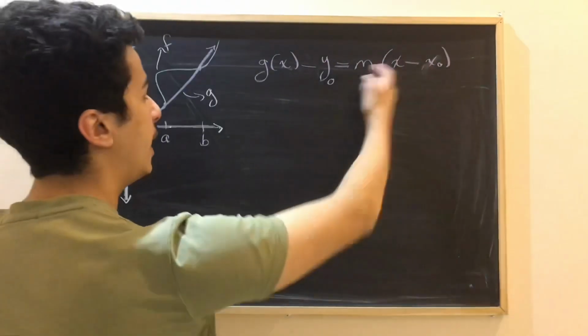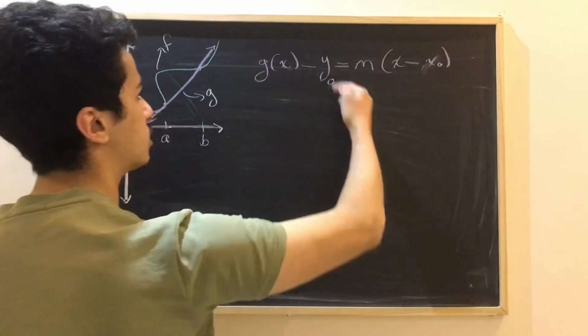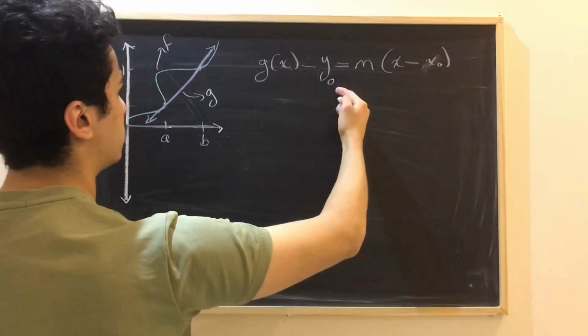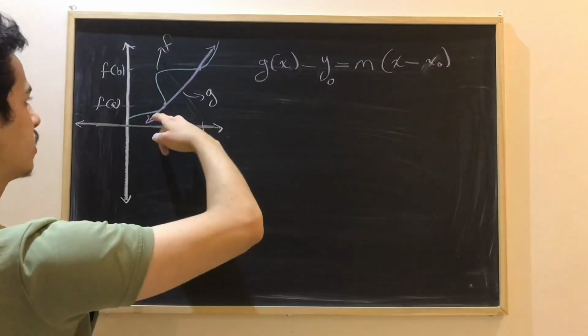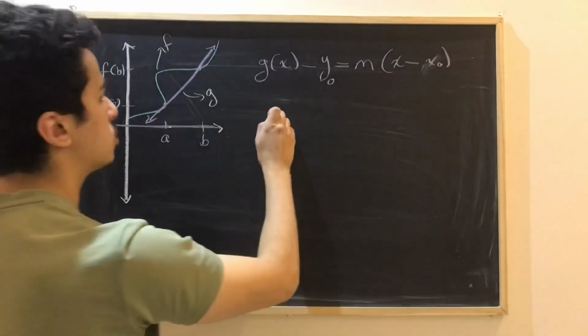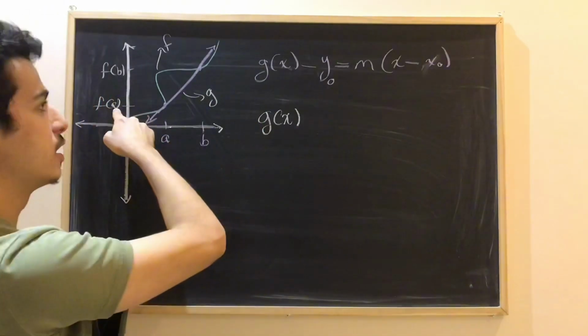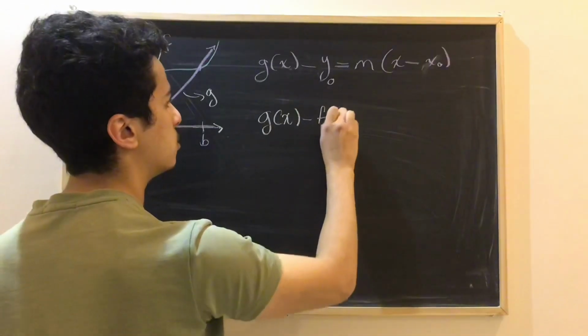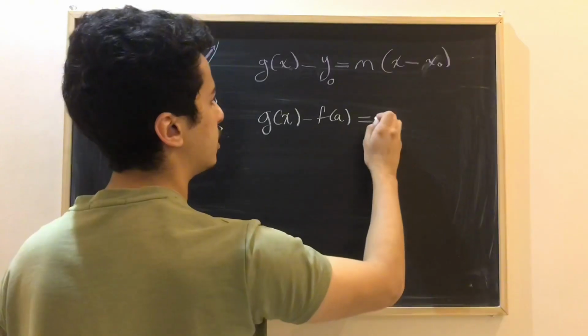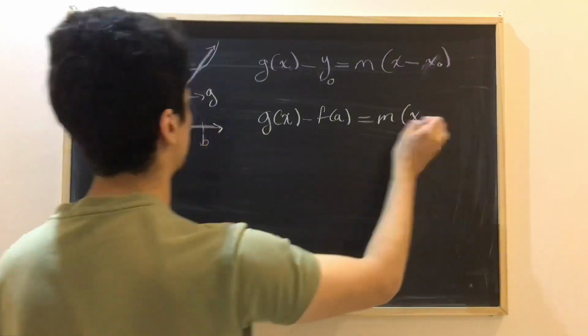Now, how do we get y naught, x naught, and our slope m? Well, x naught, y naught are just arbitrary points that we pick, arbitrary points on the line. So I'm going to go ahead and say that y naught is f of a, and that the corresponding x naught will be a.